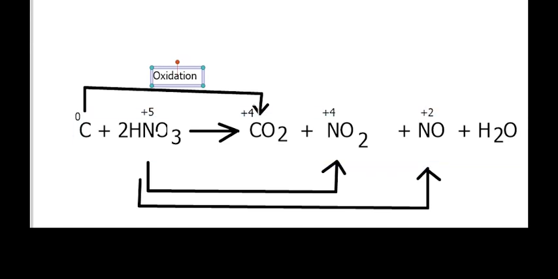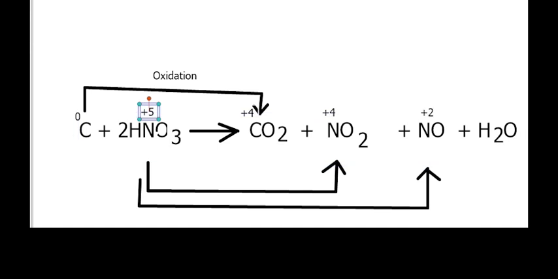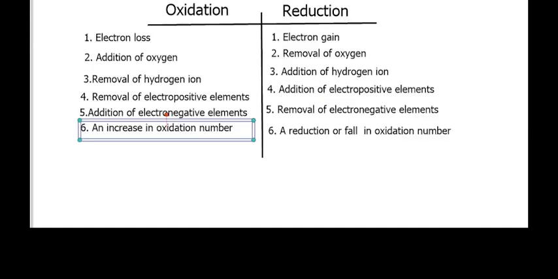Then in the case of nitrogen, on the reactant side the oxidation number is +5. On the product side, it's +4 here and +2 here. +5 being greater than +4 means there is a fall in the oxidation number of nitrogen.